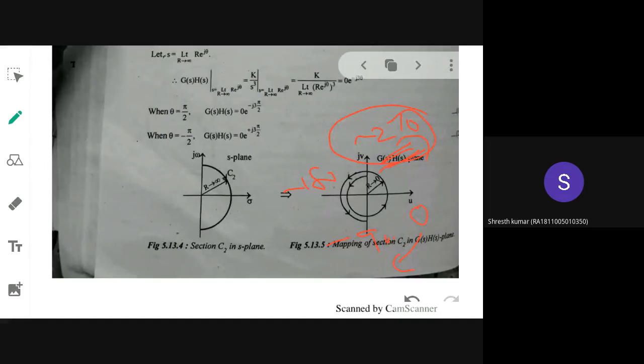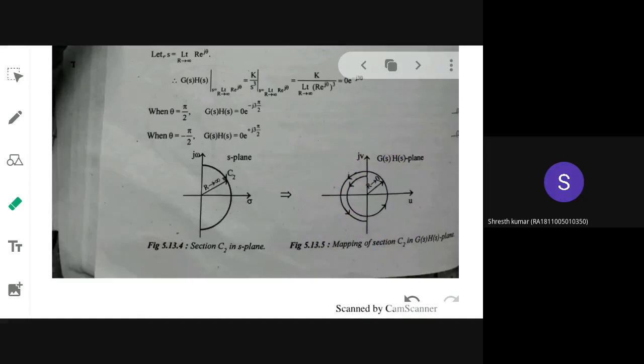Then it should end at plus 270. If you take the positive angles, it should be anti-clockwise. So this is 90, this is plus 180, and this is plus 270. So it will travel like this. If it is stopping here, then it will be pi by 2 to pi by 2. So you have to do one more encirclement to complete the 270-degree encirclement. So this is how you have to draw the map for the arc segment.